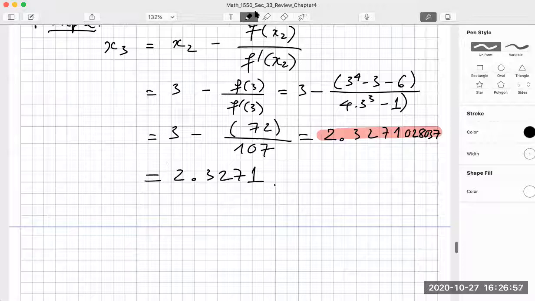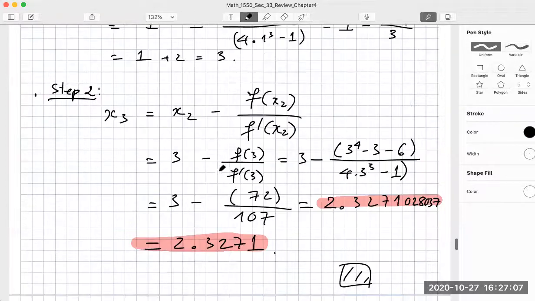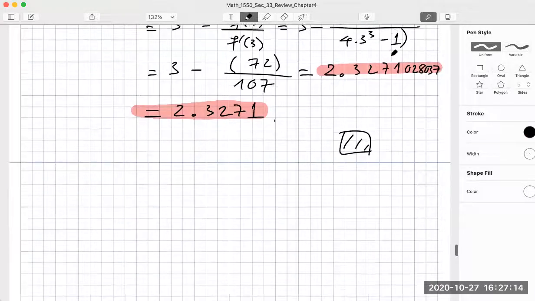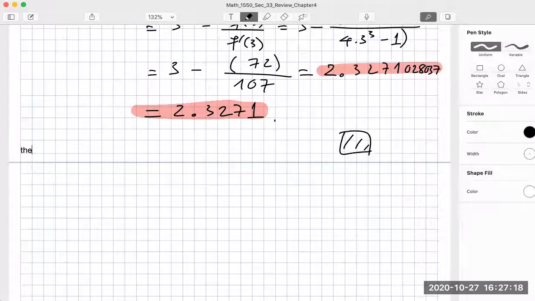This is what we are asked to do. Therefore, the third approximation to the root of the equation is this point. Yeah, you can conclude it yourself.